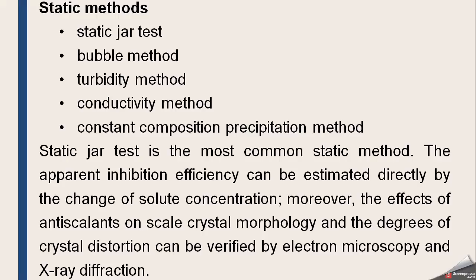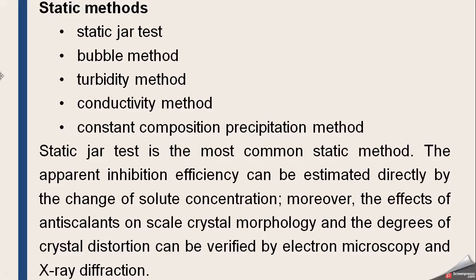These methods, which are called static methods, are used for the evaluation, or best word is indication, of how these antiscalants will perform when different types of scale forming species are present in water or in a solution.